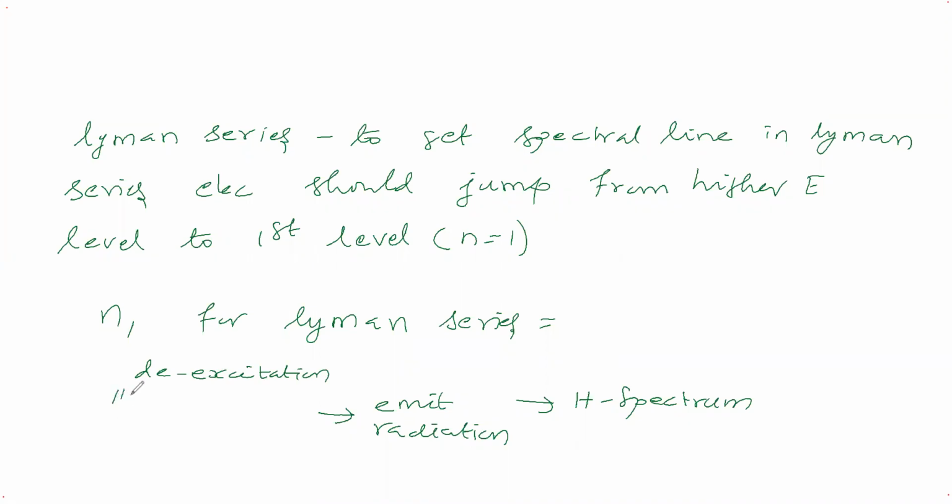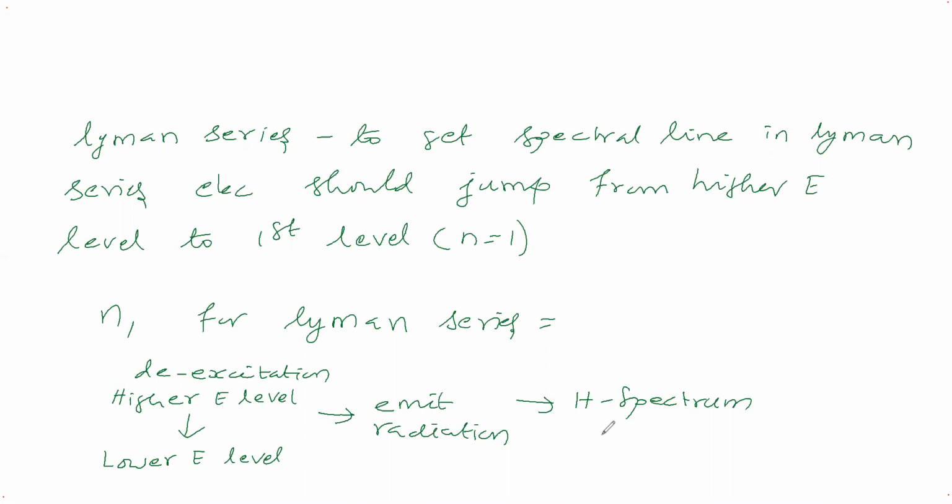De-excitation means the electron present in a higher energy level jumps to a lower energy level while emitting radiation, and because of this radiation we got the hydrogen spectrum.